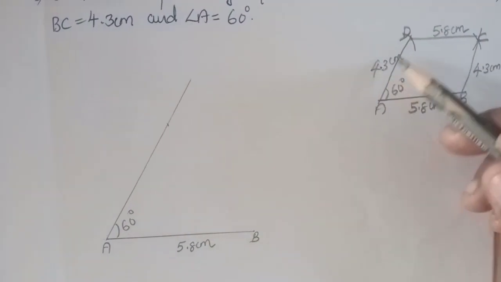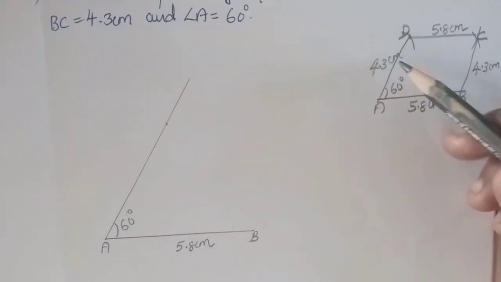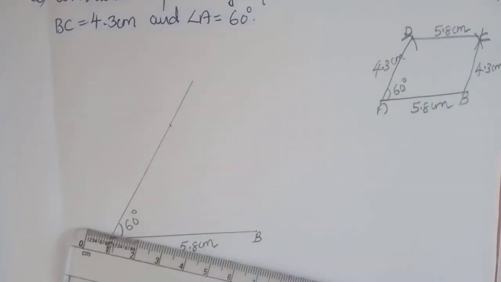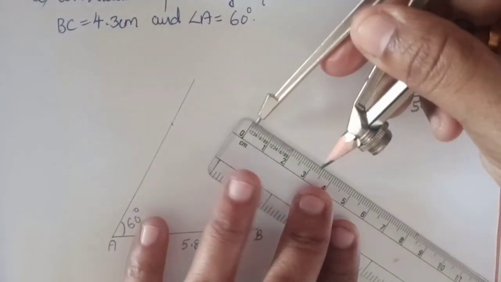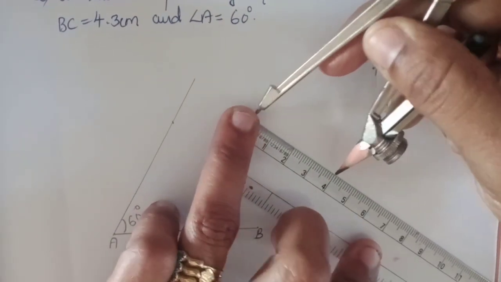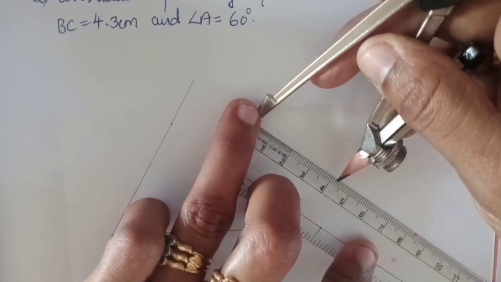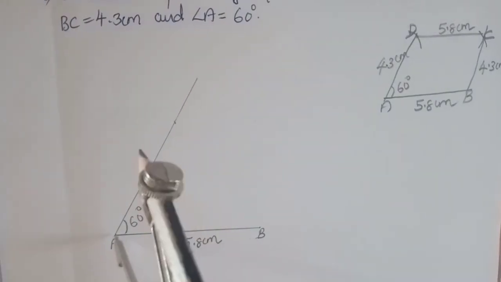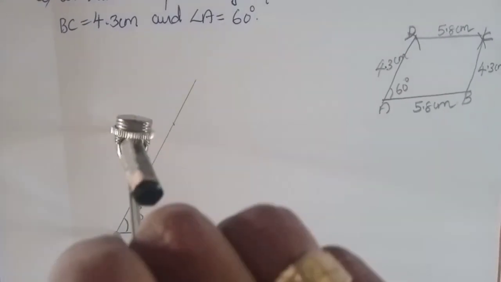Then taking 4.3 centimeter radius with A as center, draw one arc.